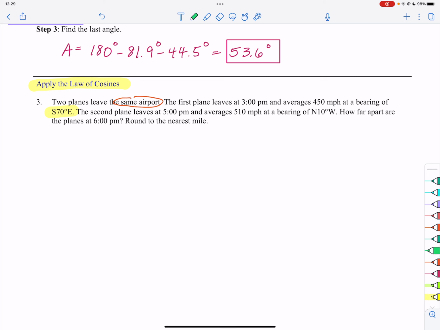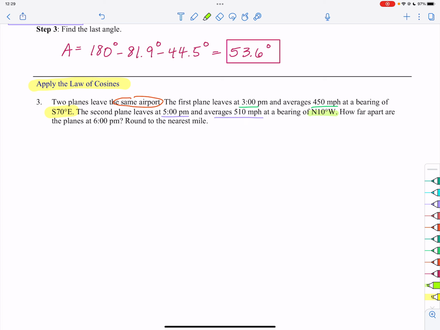Now, the second plane leaves at 5 p.m. and averages 510 miles an hour, and this plane has a bearing of north 10 degrees west. How far apart are the planes at 6 p.m.?